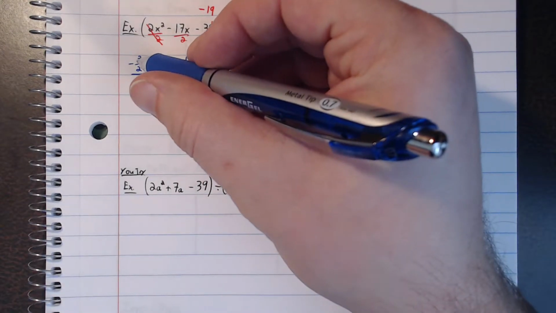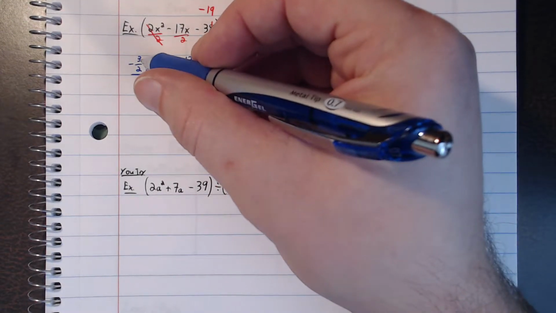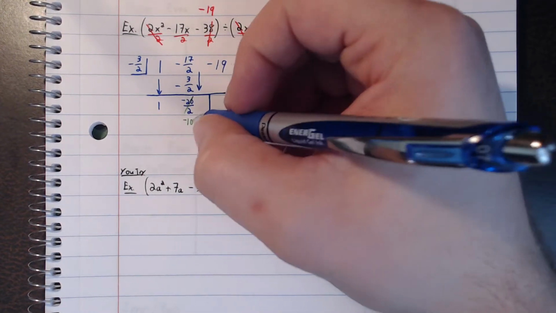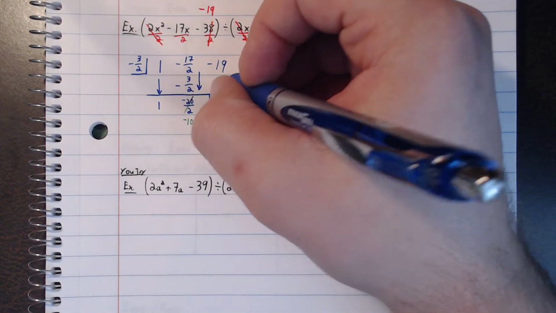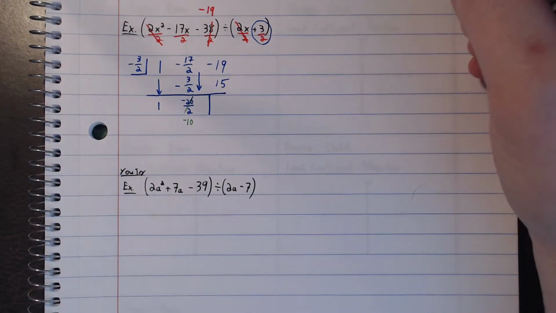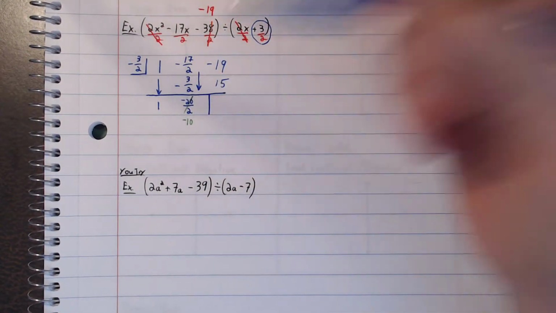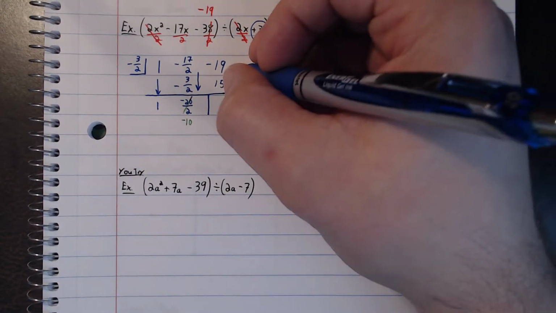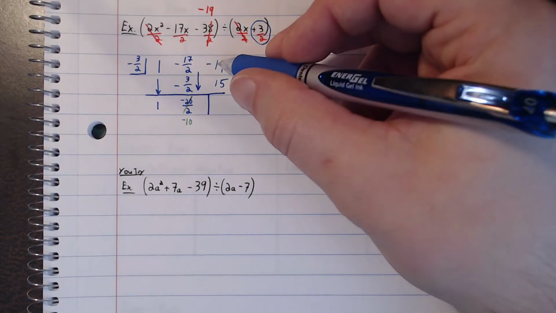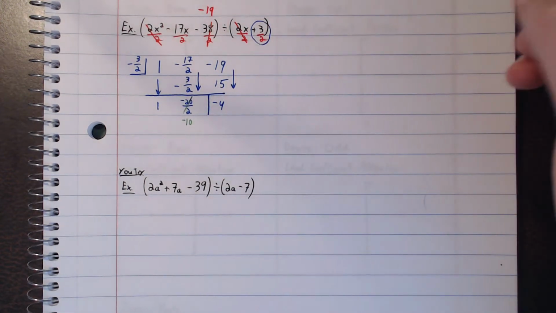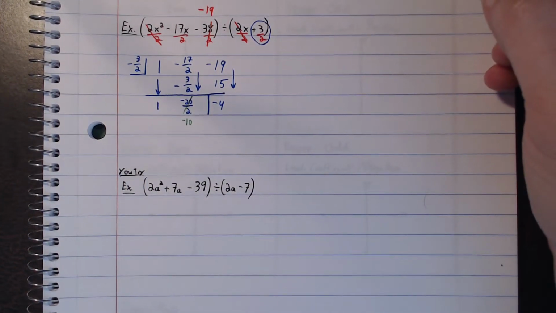Let's see. Negative 3 halves times negative 10. That's going to be positive 15. Half of 10 is 5 times 3 is 15, in case you needed that. Then we add straight down. Negative 19 and positive 15. That's minus 4.